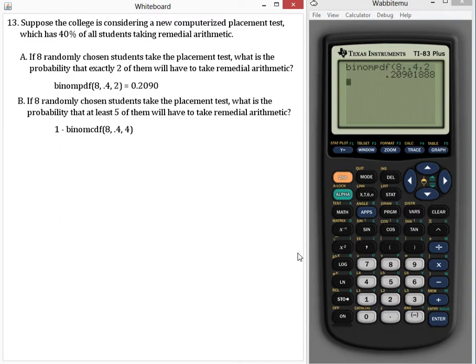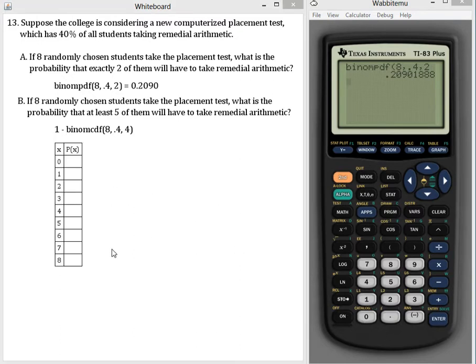So let me show you a table, so maybe that'll help out. All right, so in this table, I didn't do any of the probabilities. They're just going to come from the calculator anyway. But what I want you to understand is why I'm doing what I'm doing here. So when I input Binomcdf 8, 0.4, 5, here's what comes up. It's the sum starting from 0 and then going all the way up to 5, and it includes 5.